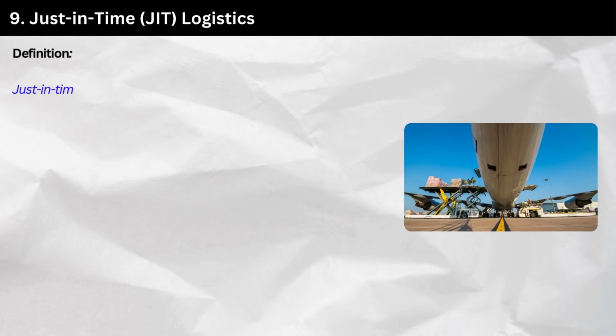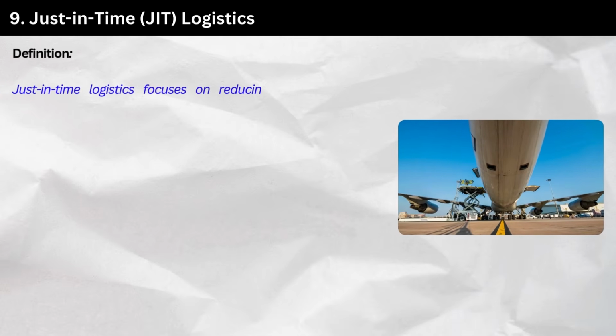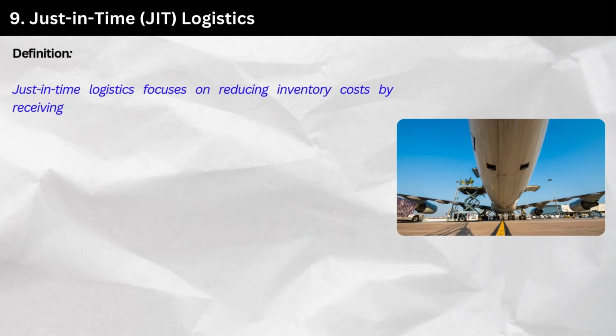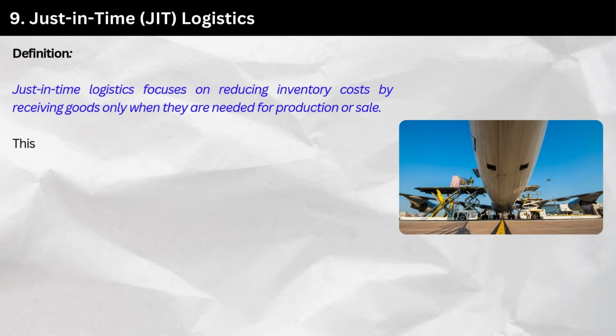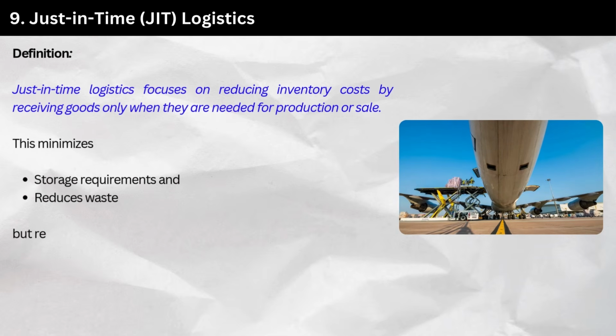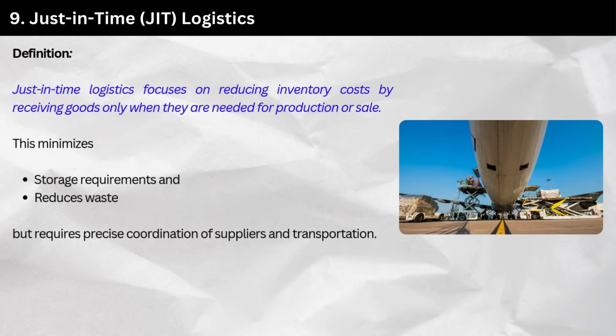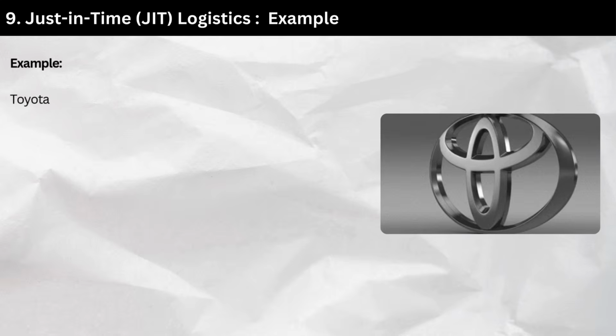9. Just-in-time, JIT, logistics. Definition. Just-in-time logistics focuses on reducing inventory costs by receiving goods only when they are needed for production or sale. This minimizes storage requirements and reduces waste but requires precise coordination of suppliers and transportation. Example.